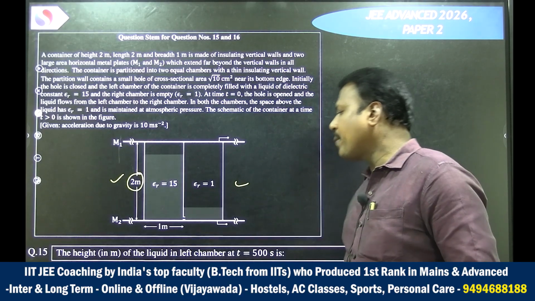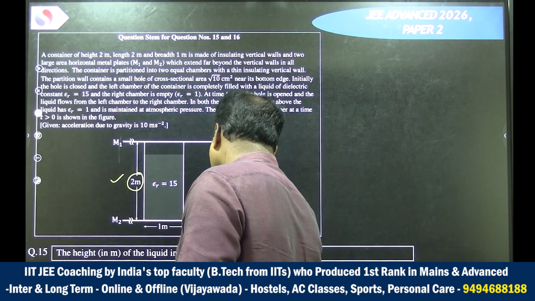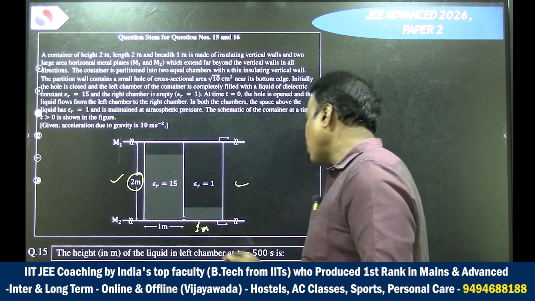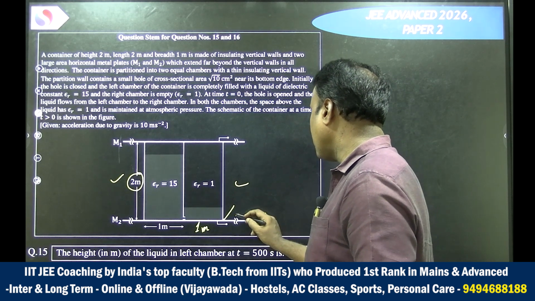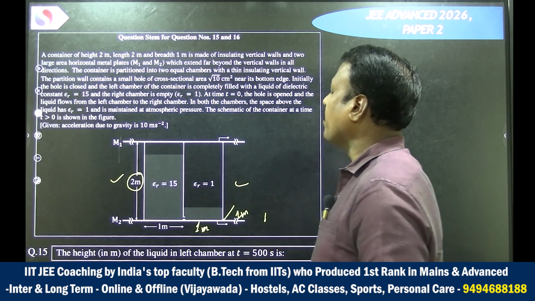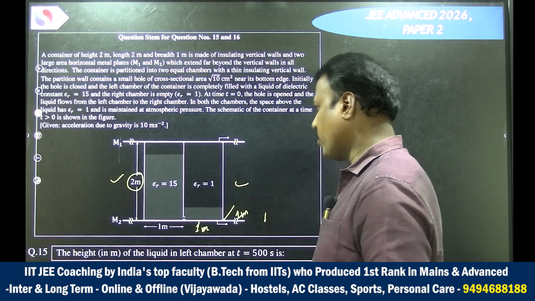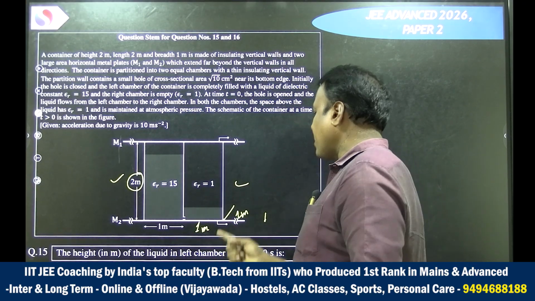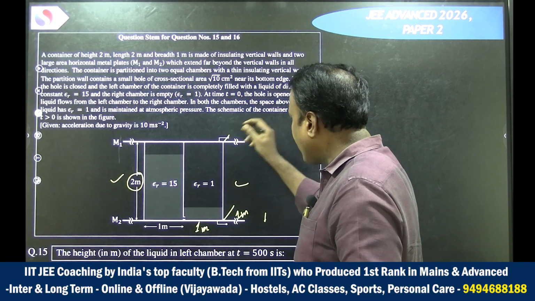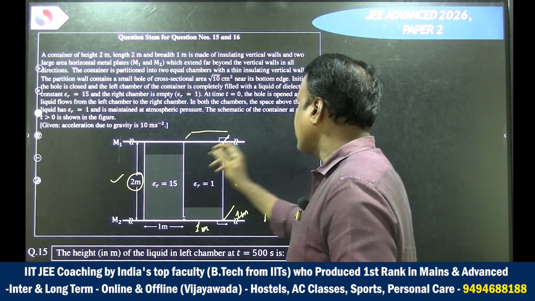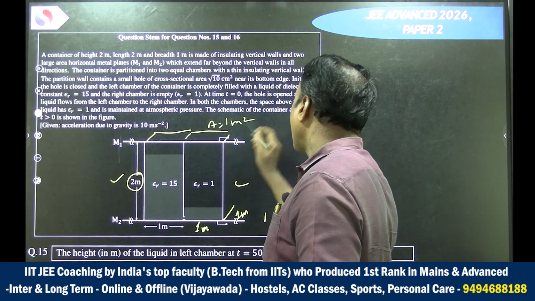But there are 2 chambers prepared, each of length 1 meter and breadth 1 meter. So just imagine these 2 as 2 containers. Cross-sectional area wise they are equal, so don't worry about the cross-section.